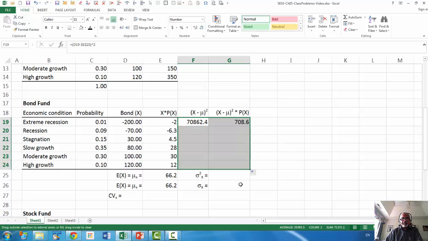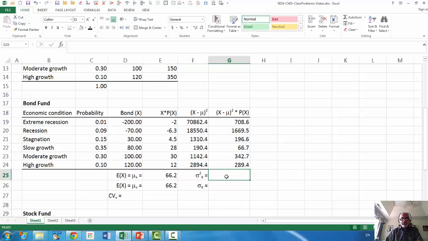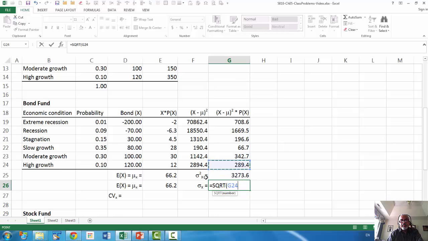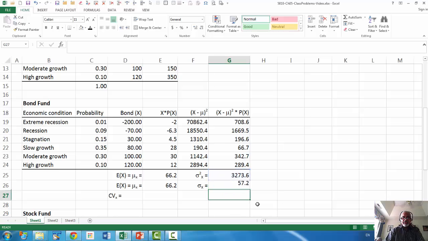Copy that. Then if you sum, what you get is the variance of X. You take a square root of that, take a square root of that G25, so you get the standard deviation.